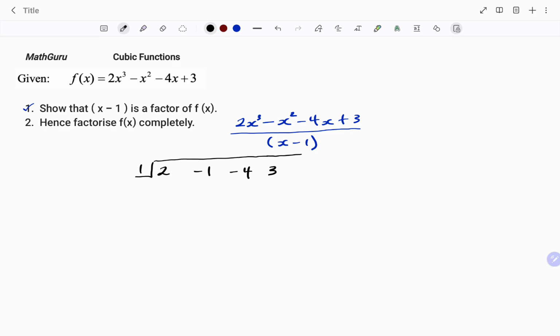So the first step, I'm going to bring down the first coefficient here, which is my 2, and draw my line. So the next step is 1, which is what I'm dividing with, times 2 will give me 2. I write it under the second coefficient. And then I add, negative 1 plus 2 is positive 1.